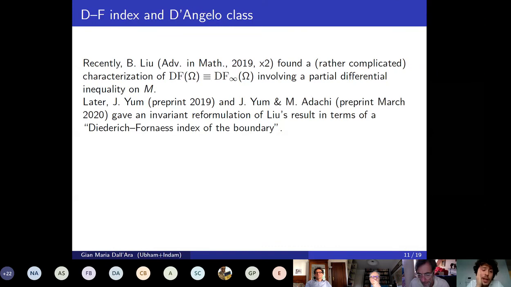This relation emerged from work from the last year of Bingyuan Liu. There are two papers in Advances in Mathematics where he found a rather complicated characterization of the Diederich-Fornaess index, so the simplest version with no regularization. This would be the case corresponding to k equal to infinity, as you see here.